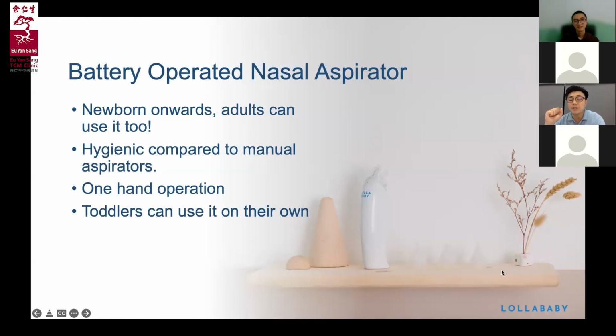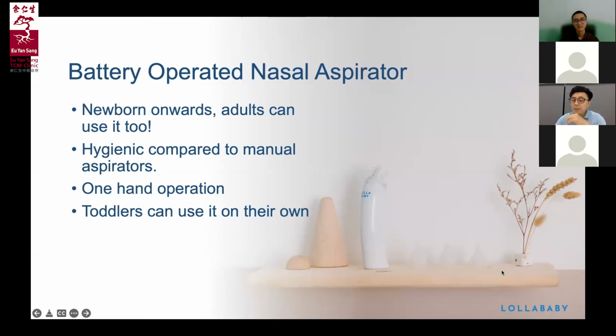So it's not very hygienic. And then you have the other one with the tube, and you basically suck the mucus using your mouth. That is also not very hygienic, because the viruses could be passed on from the child to the adult using the aspirator.